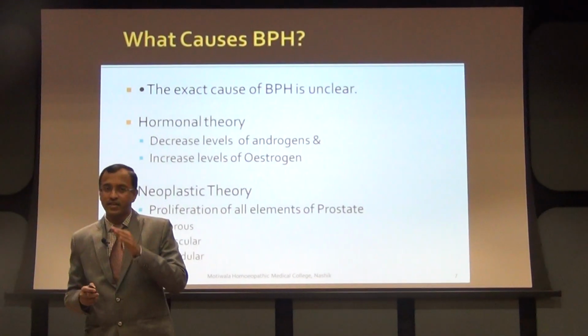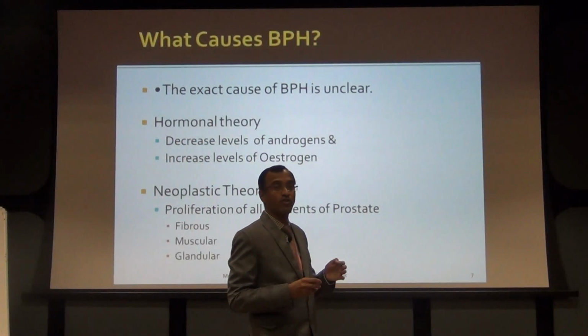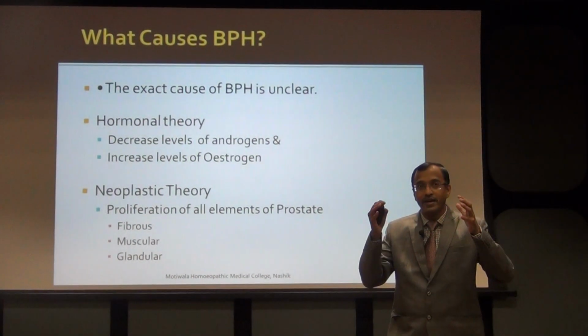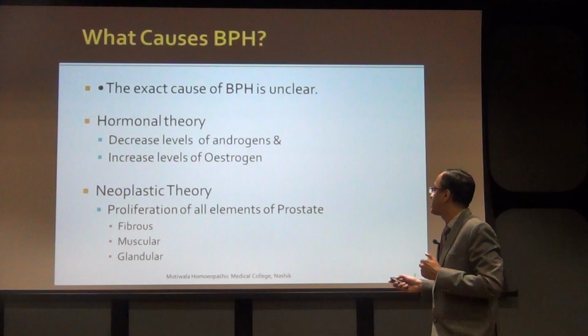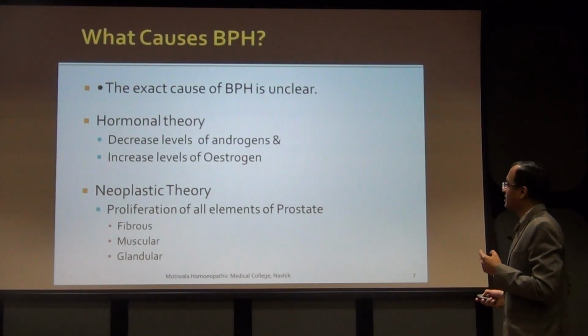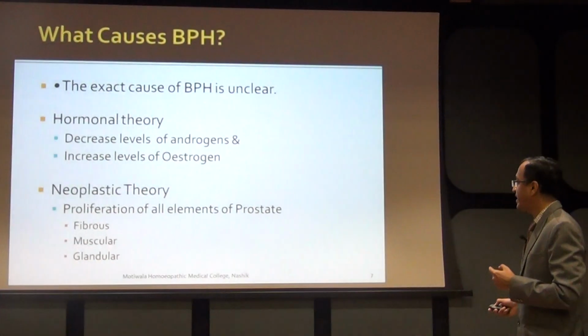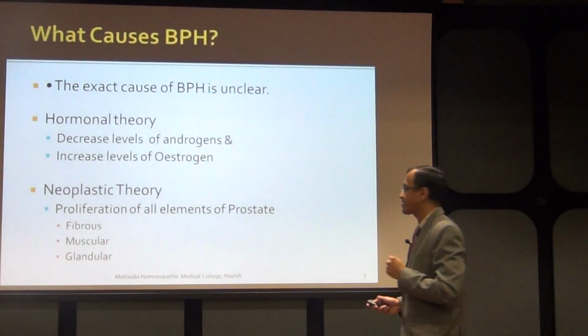But here the age is increasing and the prostate gland's size keeps increasing. So there are two theories: one is termed the hormonal theory and another is called the neoplastic theory.